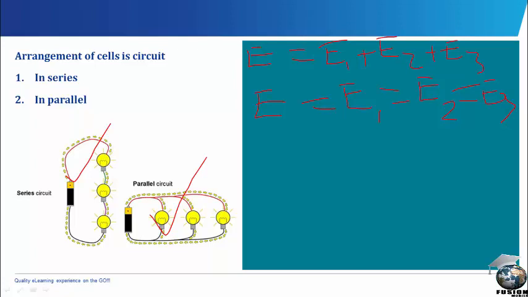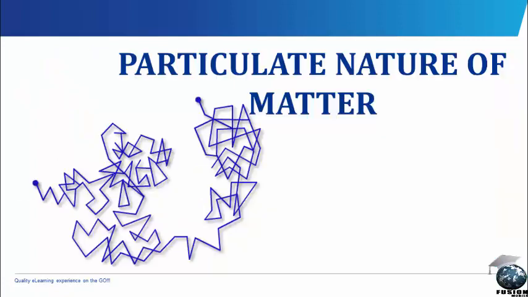That is parallel arrangement. The total EMF will be equal to one of the EMF given, while in series arrangement, the total EMF is the sum of the EMF given.